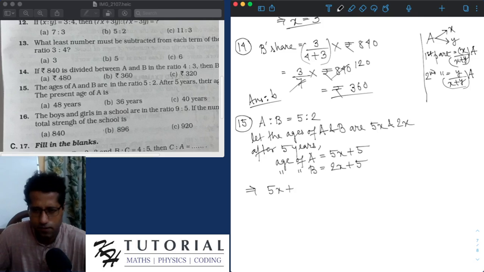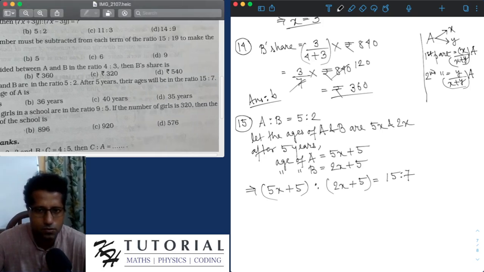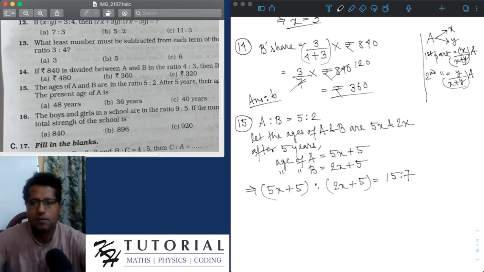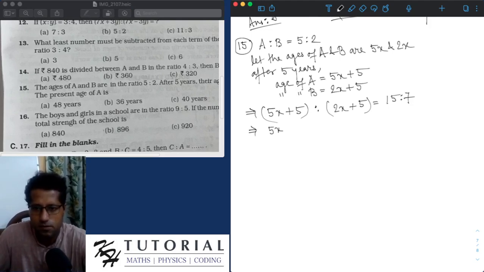So this implies 5x plus 5 is to 2x plus 5 is equal to 15:7. That is, 5x plus 5 divided by 2x plus 5 equals 15/7.